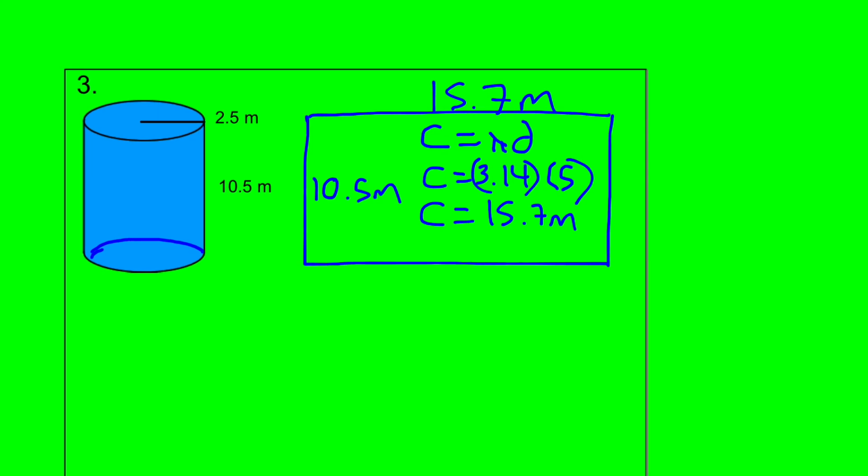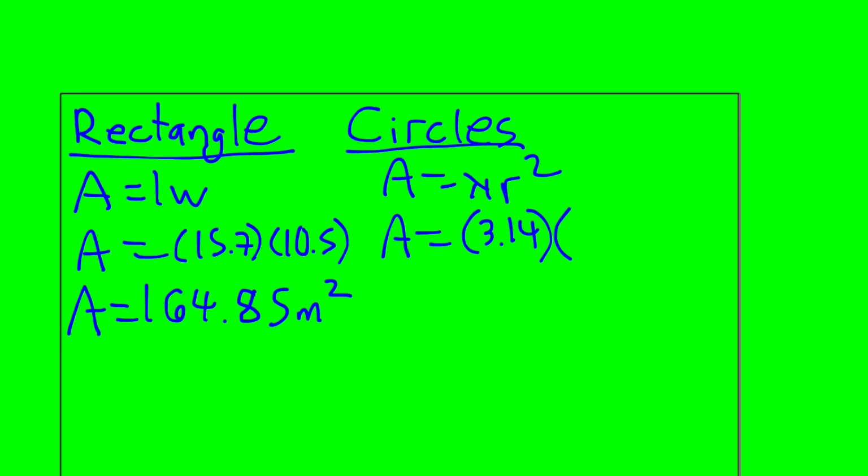So we're going to do 2.5 squared, or 2.5 to the power of 2. We have to calculate that first. So 2.5 times 2.5. And we get 6.25. So 3.14 times 6.25.